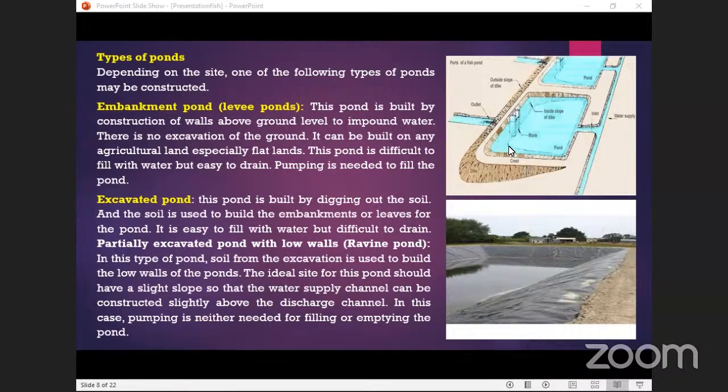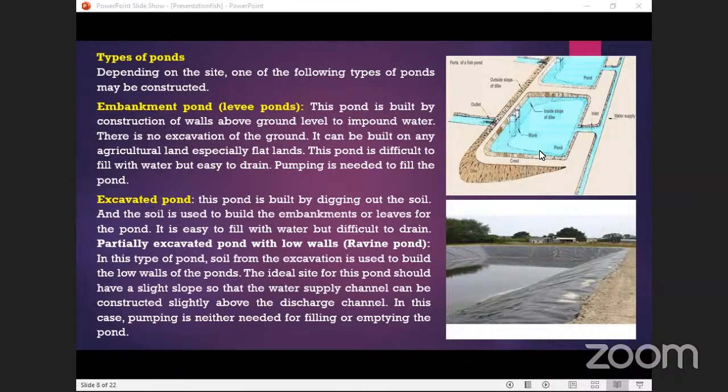But for the case of fish, you don't have to put tiles there, because the fish keep on feeding on the soil and other micro living organisms which are found inside the soil. It can be built on any agricultural land, especially the flat lands. This pond is difficult to fill with water, but easy to drain.